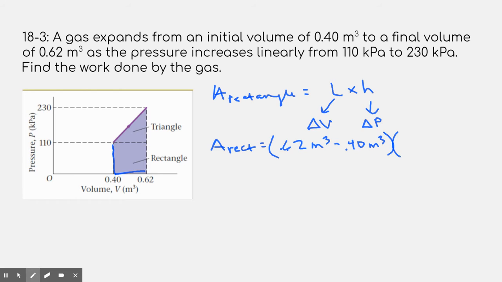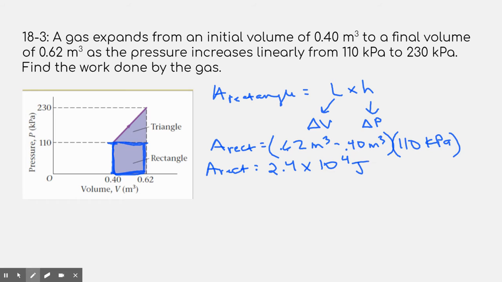The final pressure for this portion, because remember, we're just looking at this rectangle, is 110 and the initial was 0. So 110 minus 0 is just 110 kPa. That means the area of our rectangle is going to be equal to 2.4 times 10 to the fourth joules.